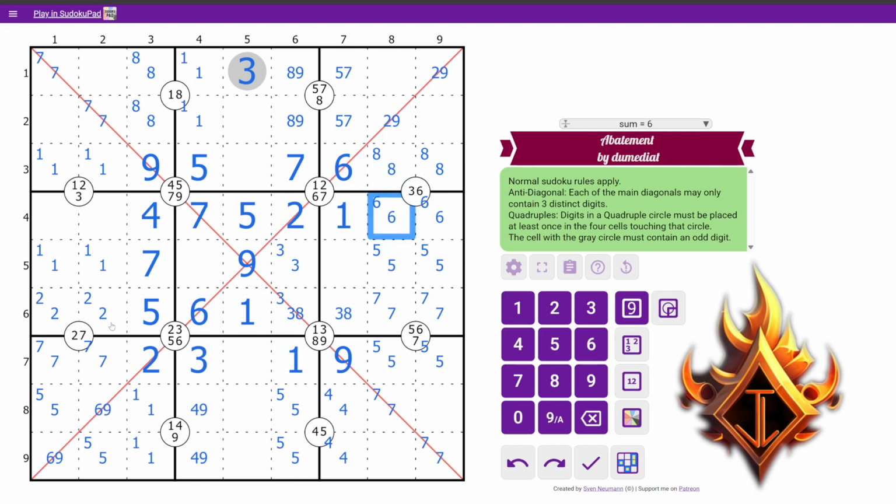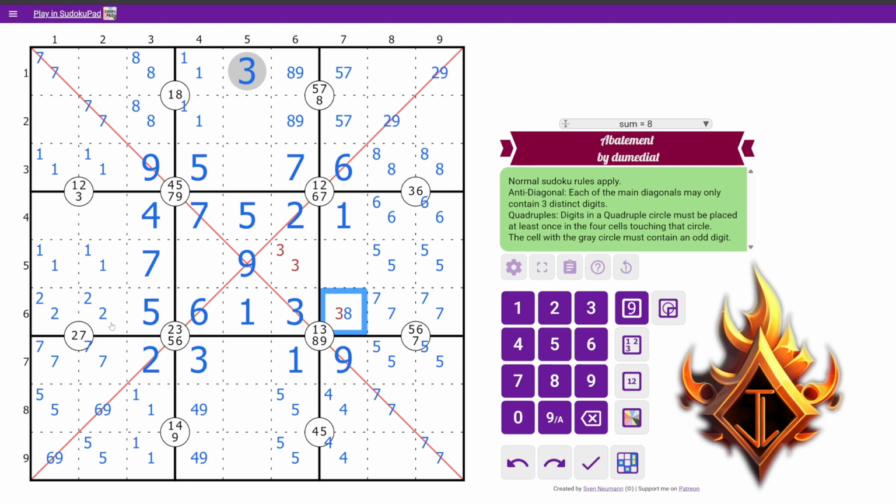And the 3 could be either still. So we're still not sure if this is 3 or 8. Oh yeah, we are. 8 is up here, so it cannot be on this diagonal. So this is the 3.